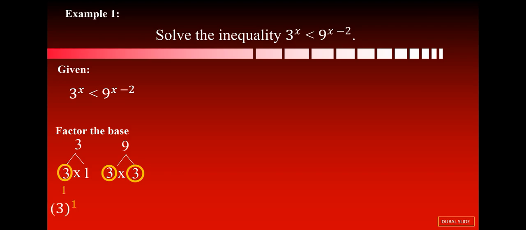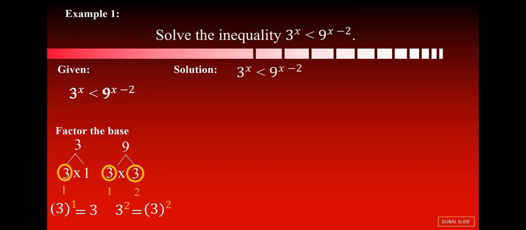For the base 3, the exponential form is 3 to the power of 1, or just 3. For the base 9, our exponential form is 3 to the power of 2. Now, let's proceed with the solution.